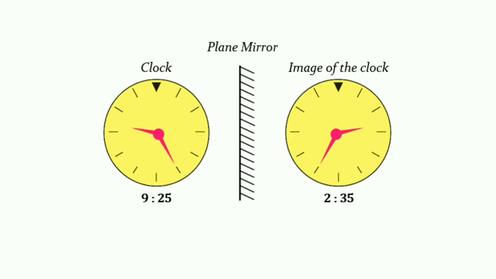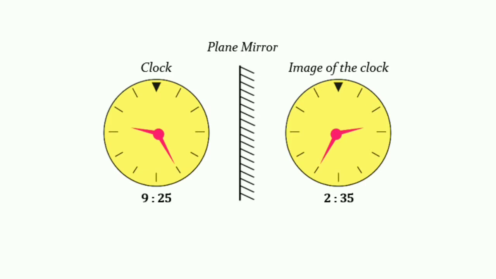Look here, we have taken a plane mirror, and in front of the plane mirror we have kept a clock. The image of the clock is produced by the plane mirror behind the mirror. You can see in the question, the time shown is 2:35.